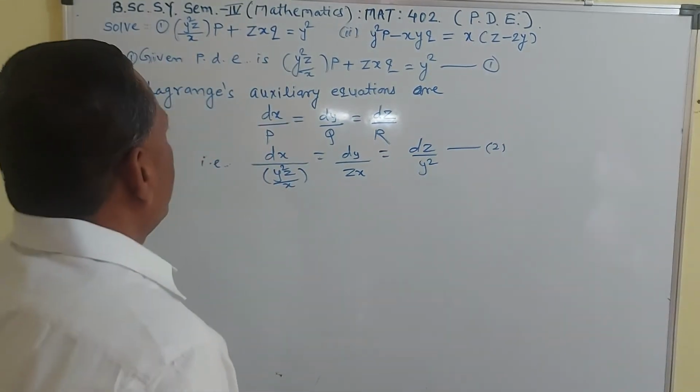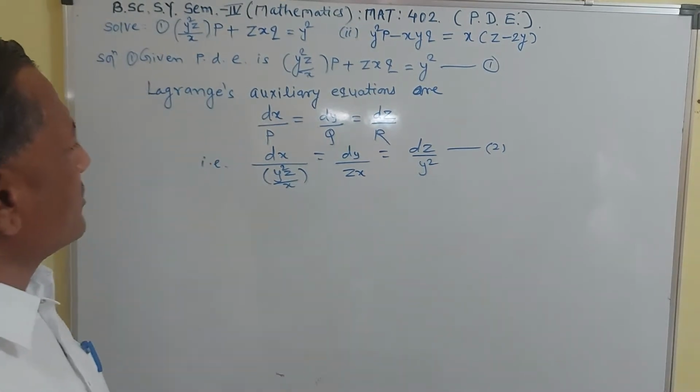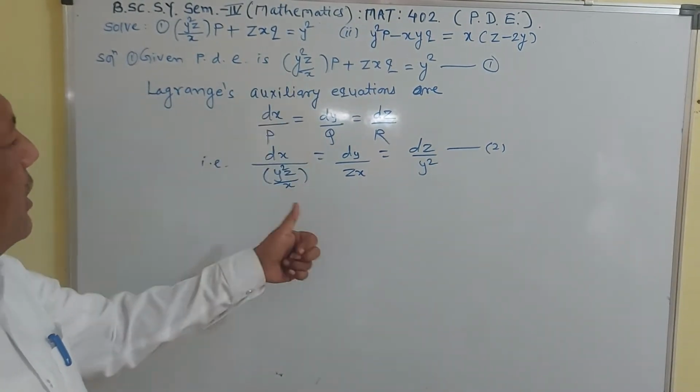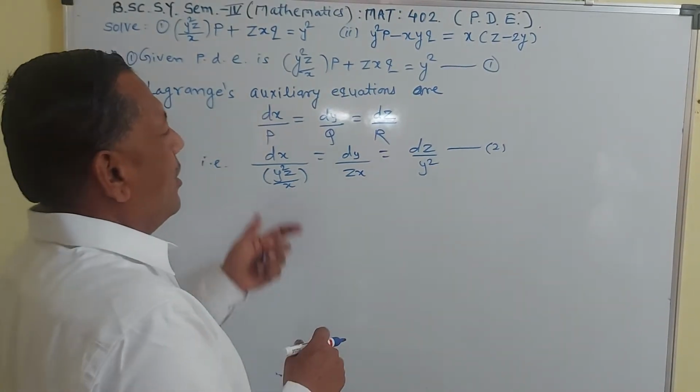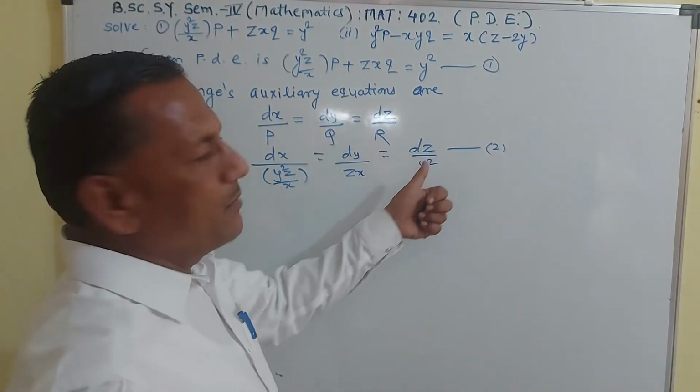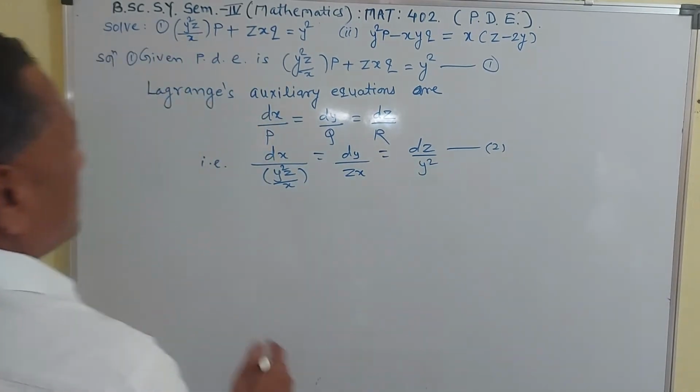So these are the subsidiary equations or Lagrange's auxiliary equations, and you solve them by using the first and second members, first and third members, or second and third members.